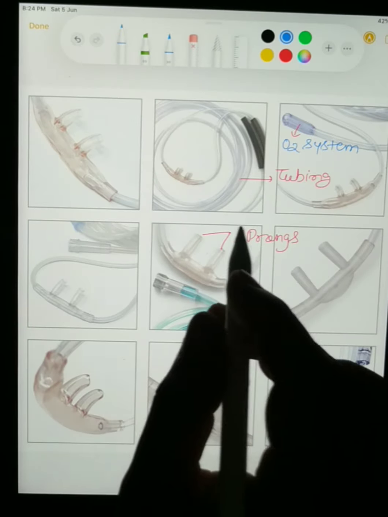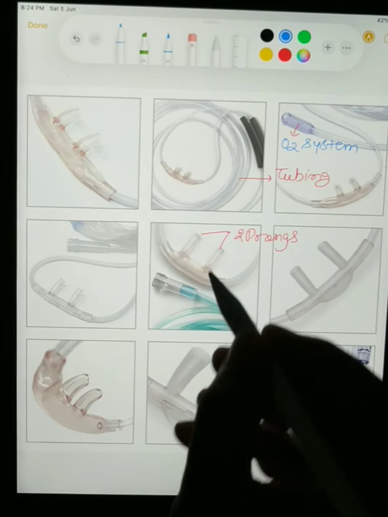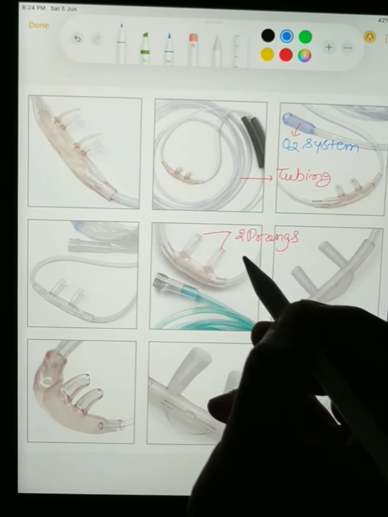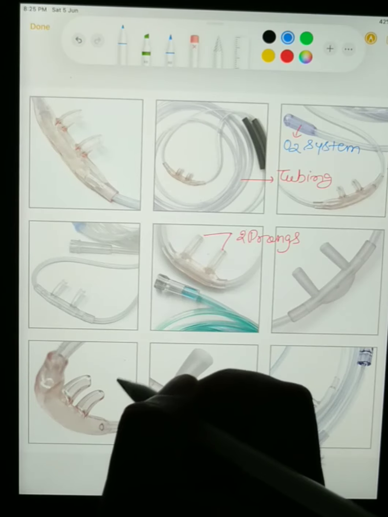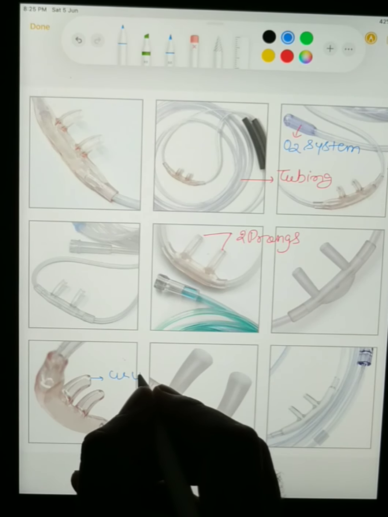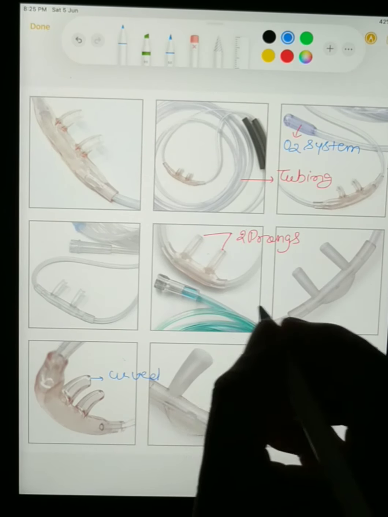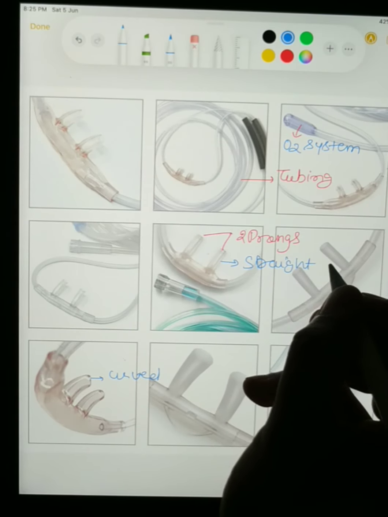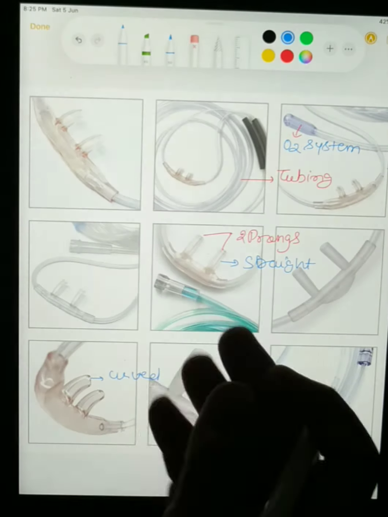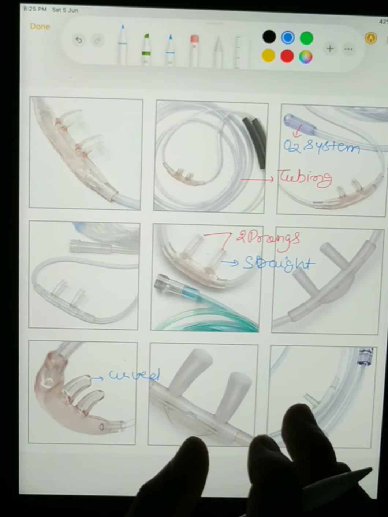So these are various kinds of nasal prongs. The nasal part may be straight or curved. This one is curved, and these are straight. So we can use different kinds of nasal prongs, depending upon the patient's comfort.